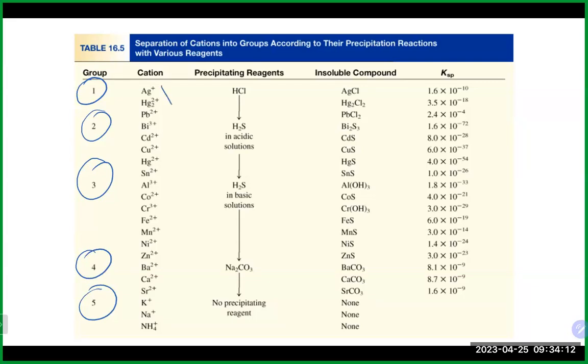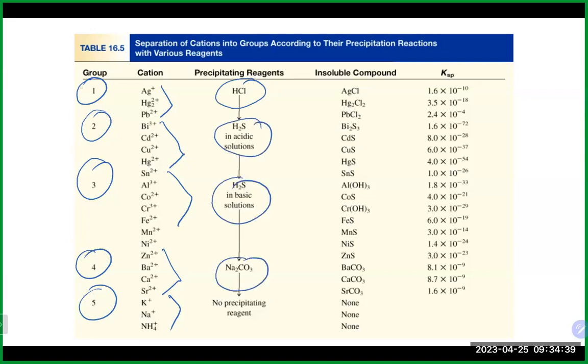So for example, group 1 is silver, mercury 1, and lead 2, and that's basically your solubility rules for chlorides, bromides, and iodides. Everybody's soluble except for those 3. Then we have group 2, which are these ions here, and group 3, and then group 4, and then group 5. And each of these groups in qualitative analysis has what's referred to as a precipitating reagent. And this is the one that basically will separate out all the groups from each other.